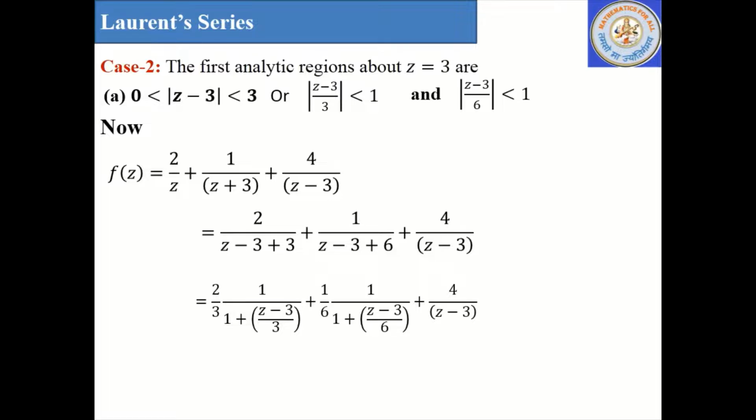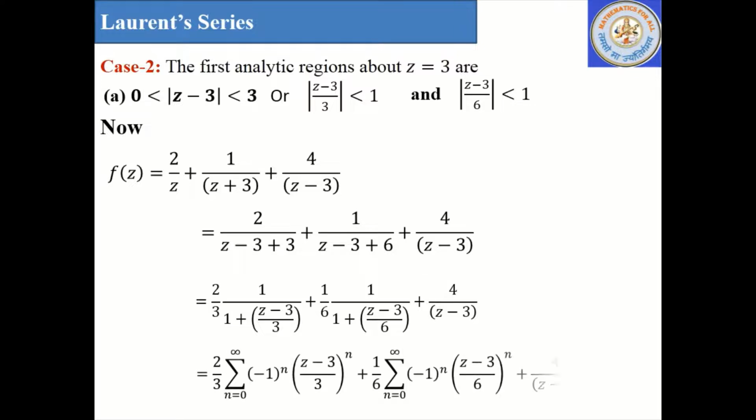That we have done earlier. Again it is in the summation form you can write. So it is 2 by 3 summation minus 1 to the power n, z minus 3 upon 3 power n, plus 1 by 6, again summation minus 1 to the power n, z minus 3 by 6 power n, and the last term is plus 4 upon z minus 3.